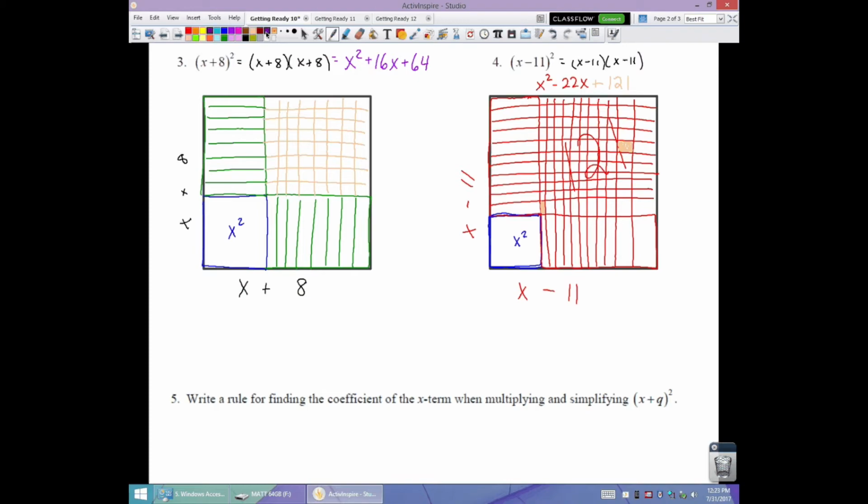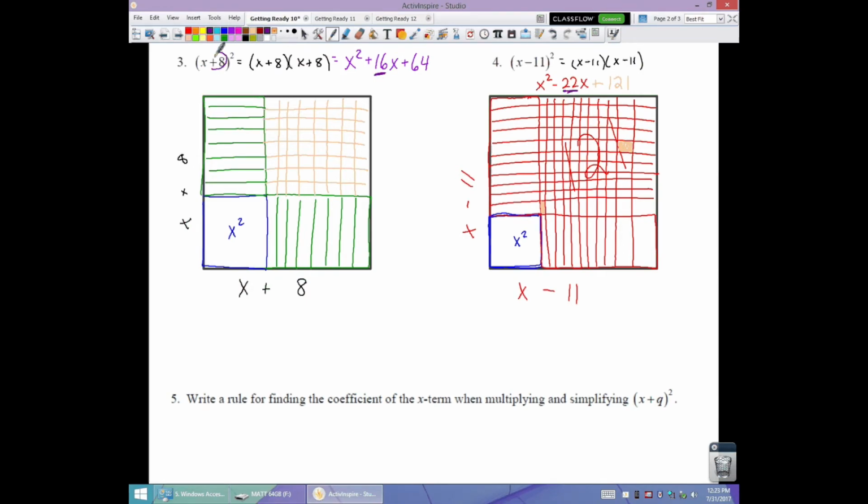So looking at those four examples, and this question number 5 is actually on the next page, but it would help to look at 1 through 4. Write a rule for finding the coefficient of the x term when you are simplifying x plus q squared. So when we know we have both the length and the width, the same exact expression, where do we get this middle term?